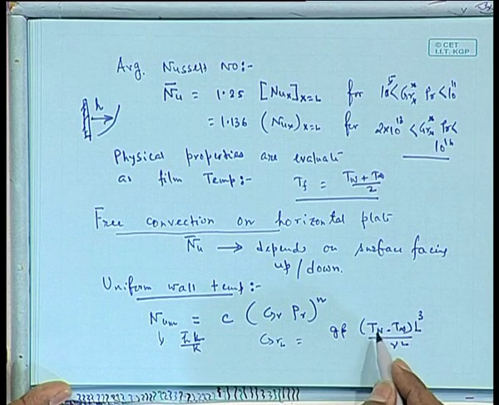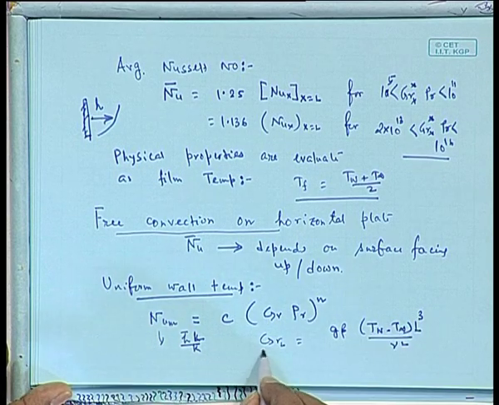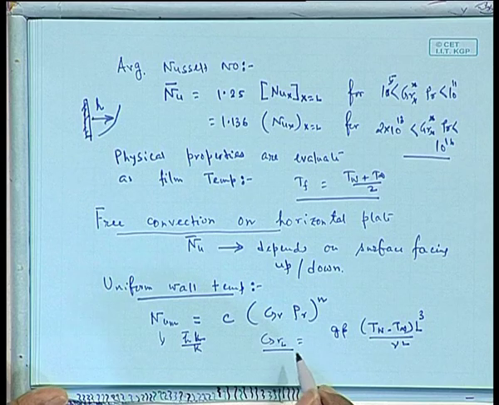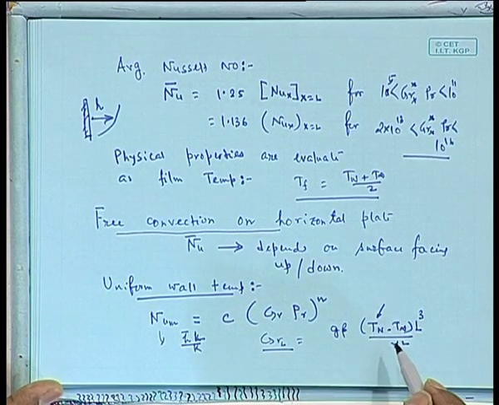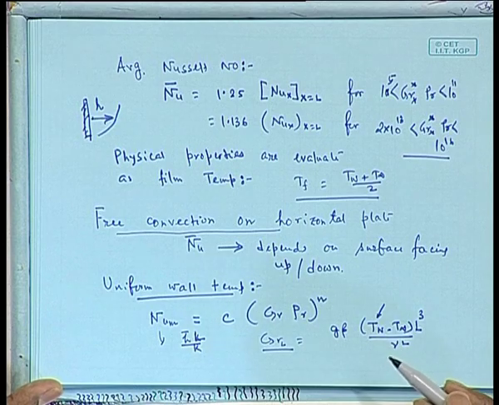Again, this is not based on the modified Grashof number, this is based on the Grashof number. The wall temperature is unknown, so again it has to be an iterative solution.